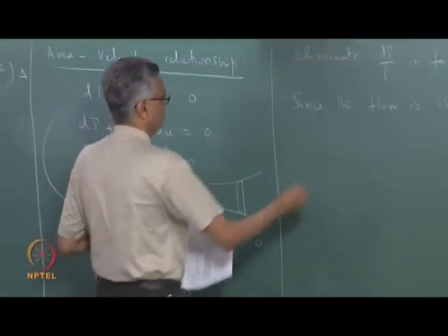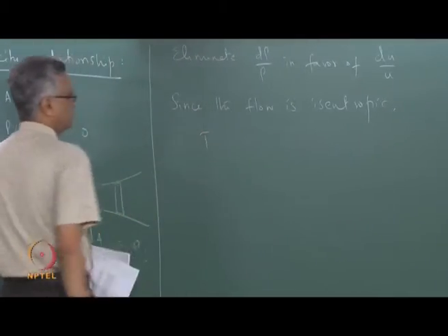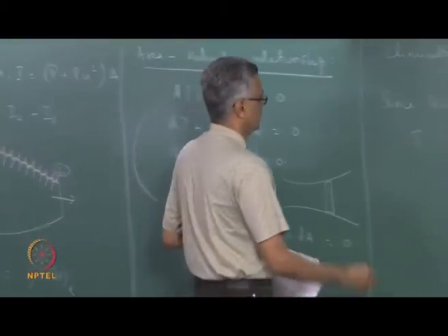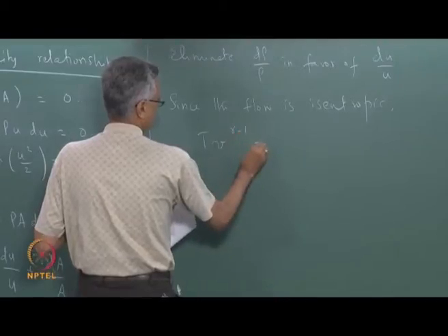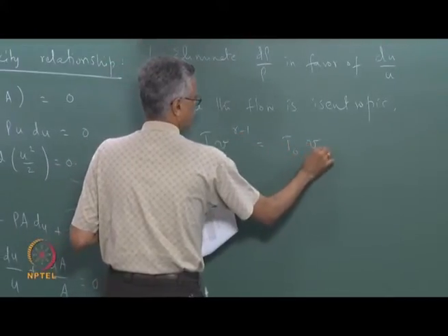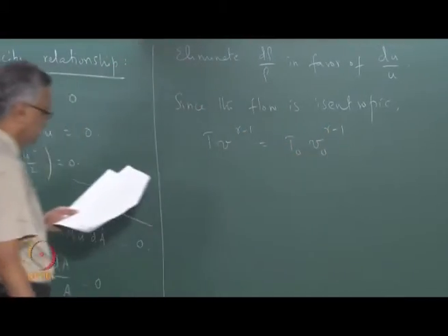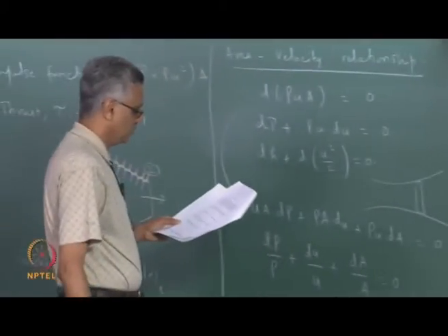I can write from my entropy equation, which says entropy is constant, I can write this as T v to the power gamma minus 1 is equal to T0 v0 to the power gamma minus 1, where T0 and v0 are the stagnation quantities.